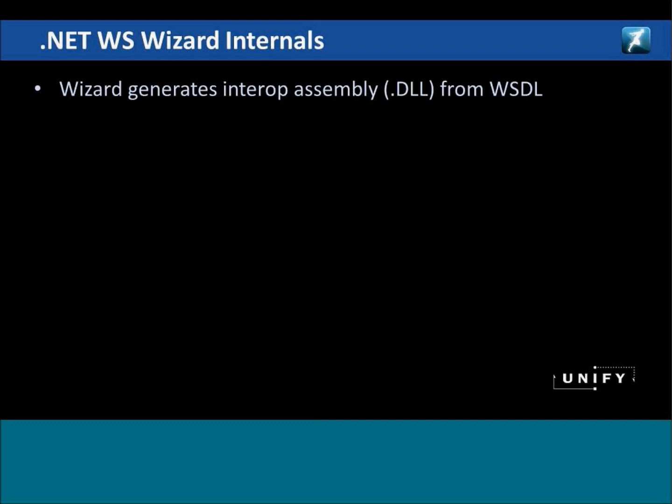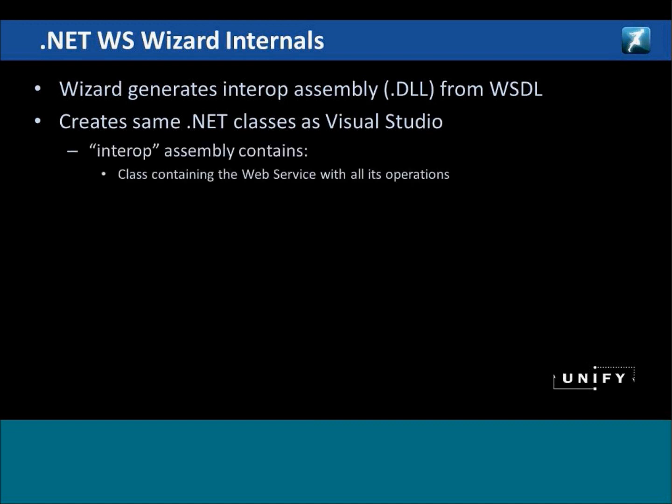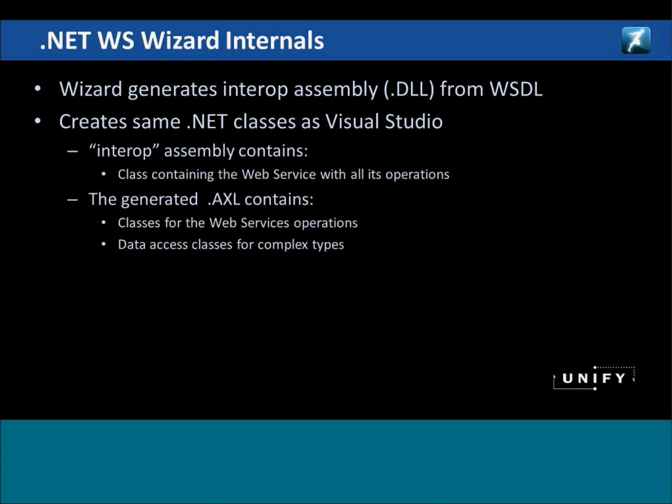So the wizard generates an Interop assembly, a DLL. It creates the exact same .NET classes as if you would be using Visual Studio. The Interop assembly contains the classes containing the web service with all its operations. The generated AXL contains the description for Team Developer, so TD knows what's in that .NET DLL.